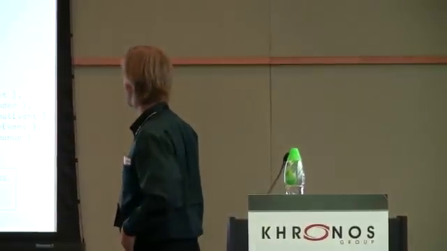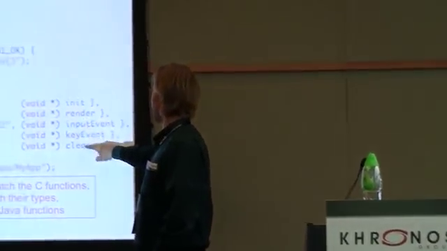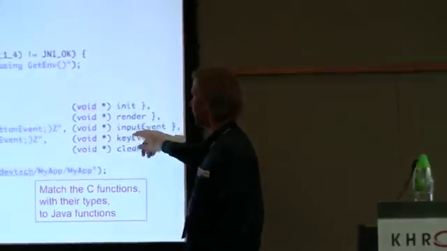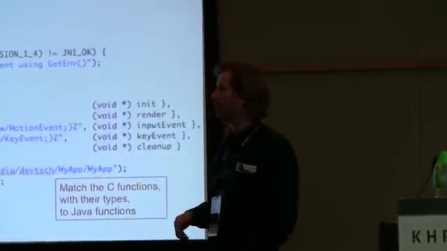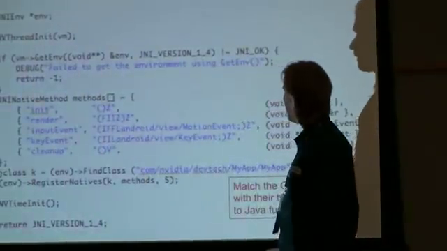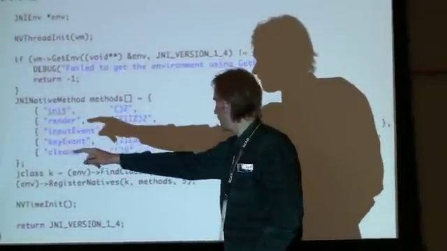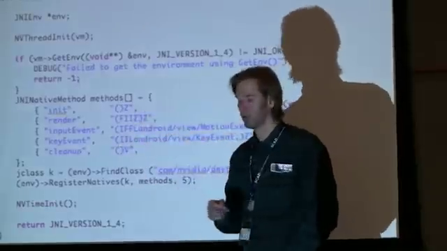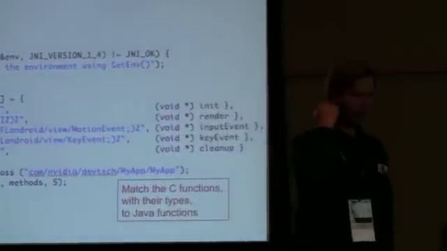These are our C side methods that we connect to the Java methods using JNI. And here are the names on the Java side, and here are the argument types on the Java side.